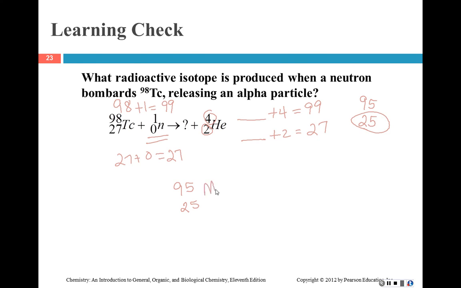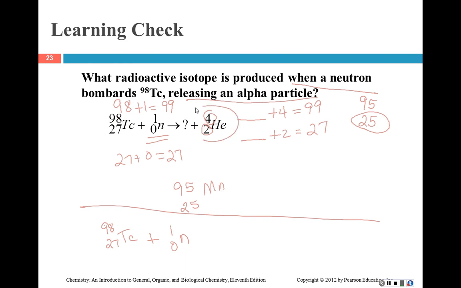So our reaction will be whatever that is, I don't even remember, plus a what? Alpha particle? Oh, wait, sorry. We're hitting it with a neutron, and we're releasing the alpha particle.